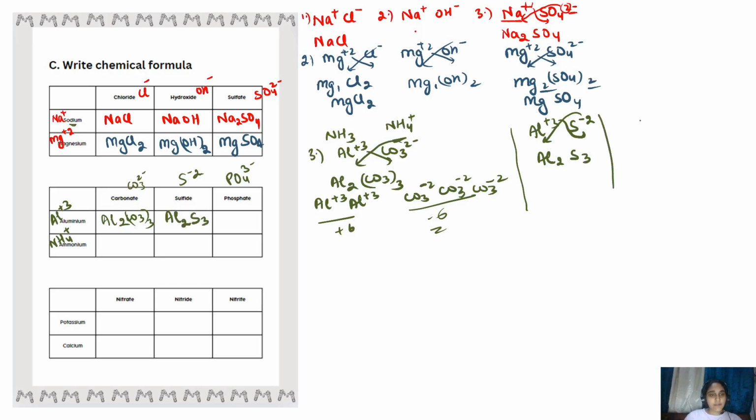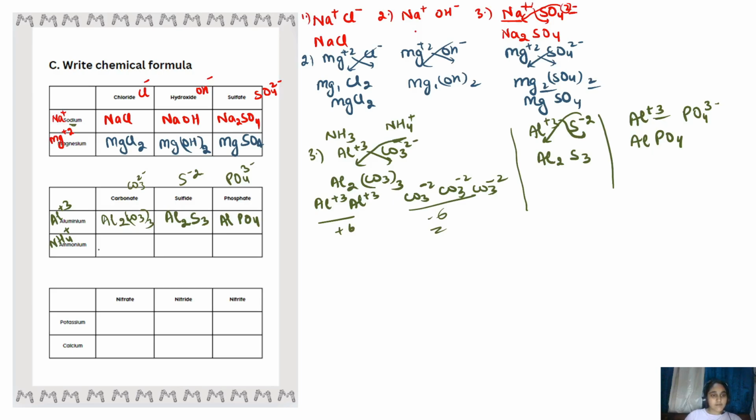And next will be Al 3 plus and phosphate is PO4 3 minus. So it will be simply AlPO4. Charge is balanced, plus 3 minus 3. So AlPO4.